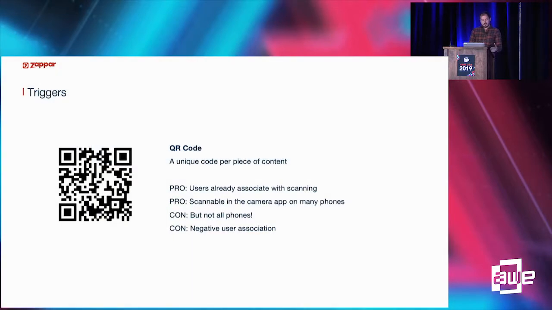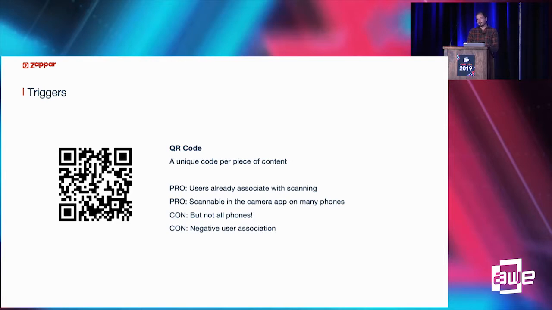So while QR is great in some ways, there are challenges when it comes to user experience for instructing and educating users of how to access your content, especially when you're trying to reach that mass market scale where users haven't necessarily installed or interacted with the QR code before. Some people also have QR fatigue, which is when they've been burnt out by having a QR experience in the past that hasn't been very good.